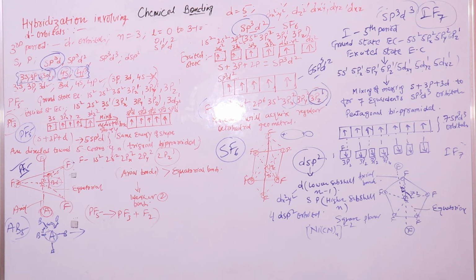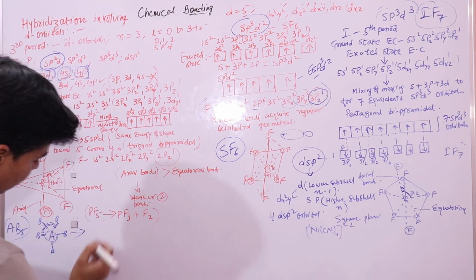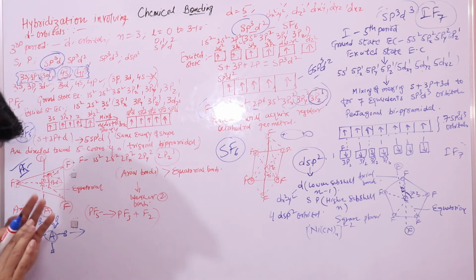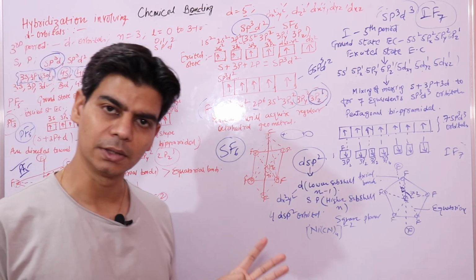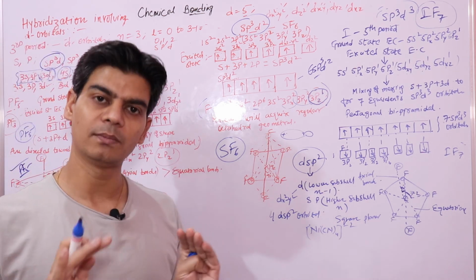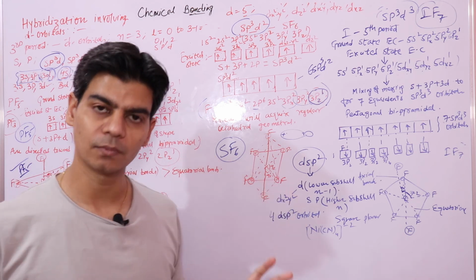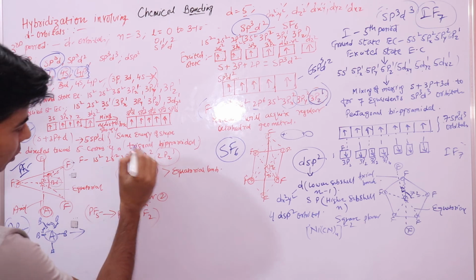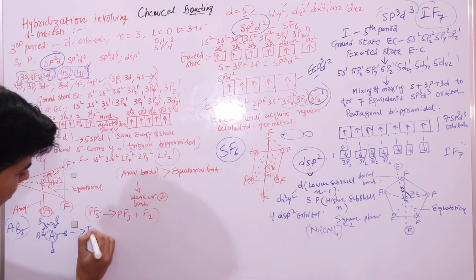The orientation where the 5 bond pairs can be maximum away from one another is a pentagonal bipyramid. I'm sorry, not pentagonal, trigonal bipyramid.